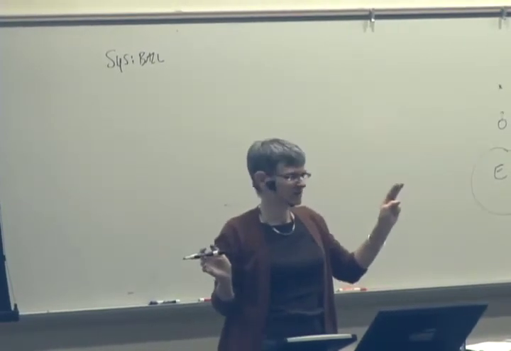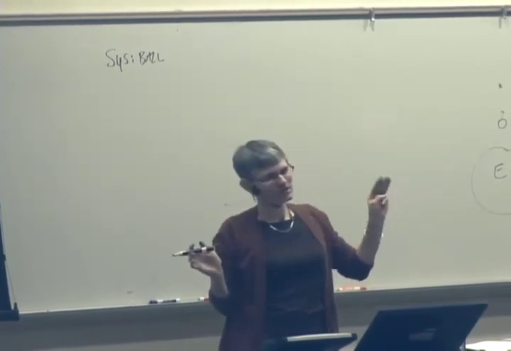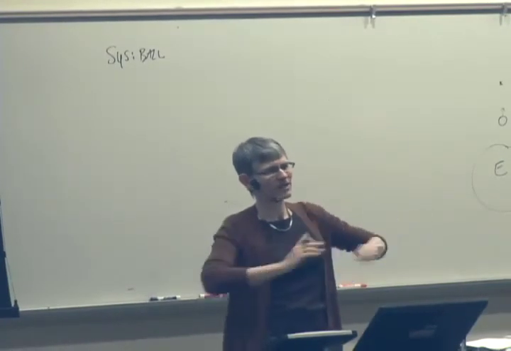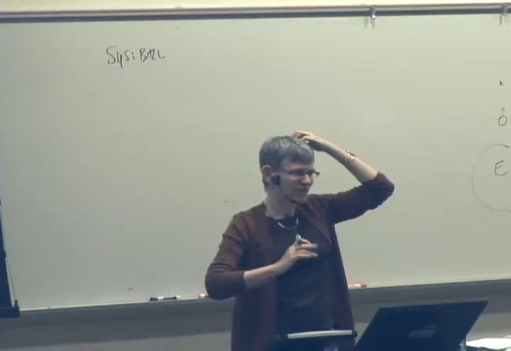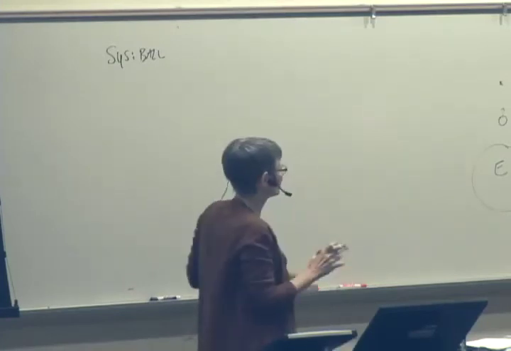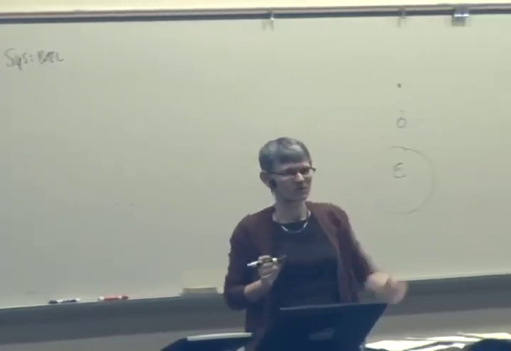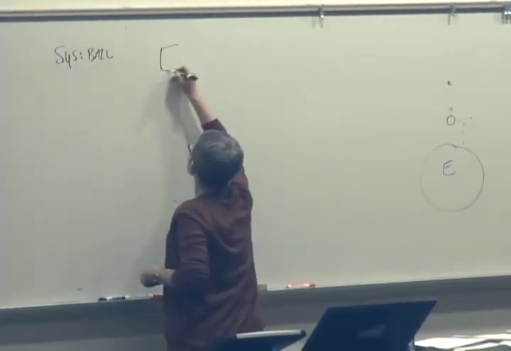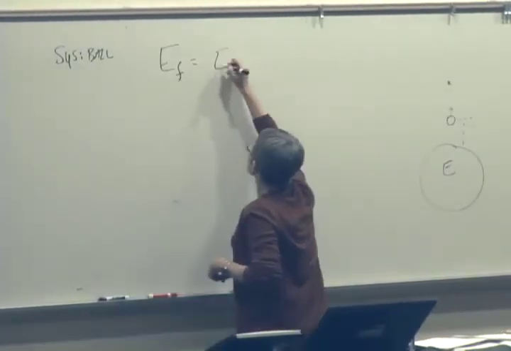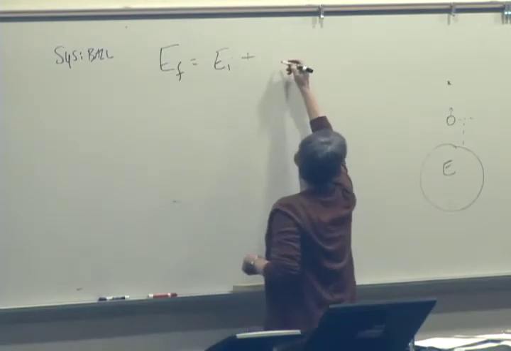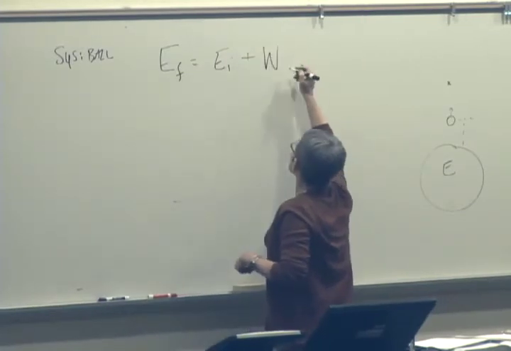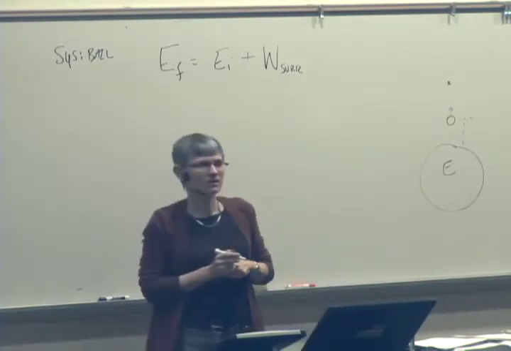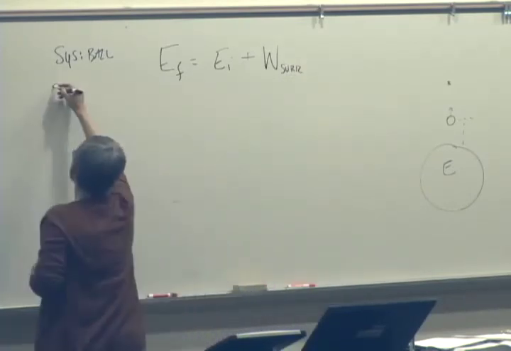Kinetic energy. It could have internal energy. It could get hot, but we're going to make the assumption that during this time, the ball and the atmosphere were at the same temperature. So we want to start with E final equals E initial plus work done by the surroundings. What's in the surroundings? The Earth.